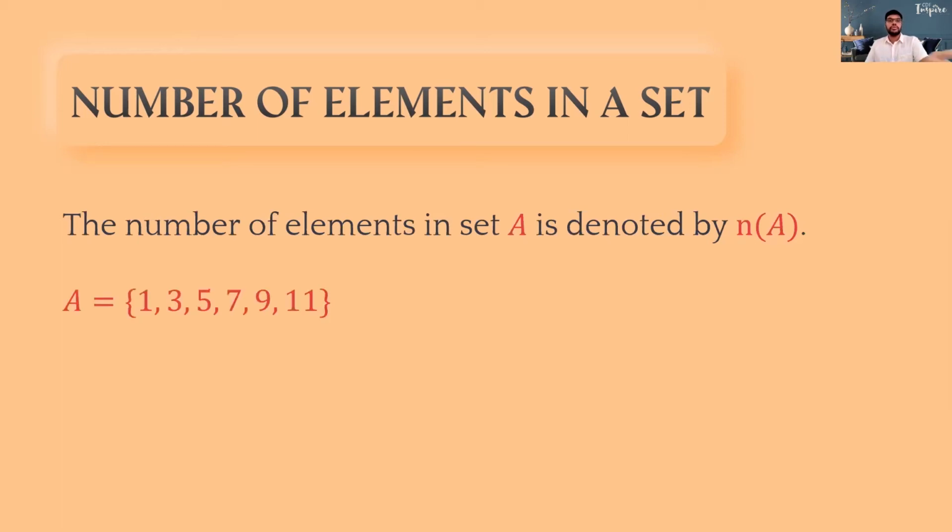So for example, children, if we use this set A, n of A, that is the number of elements of set A, is 6, because you can see if you count, you have 1 3 5 7 9 11, that's 6 elements, right? So that means the number of elements in set A is 6, right?